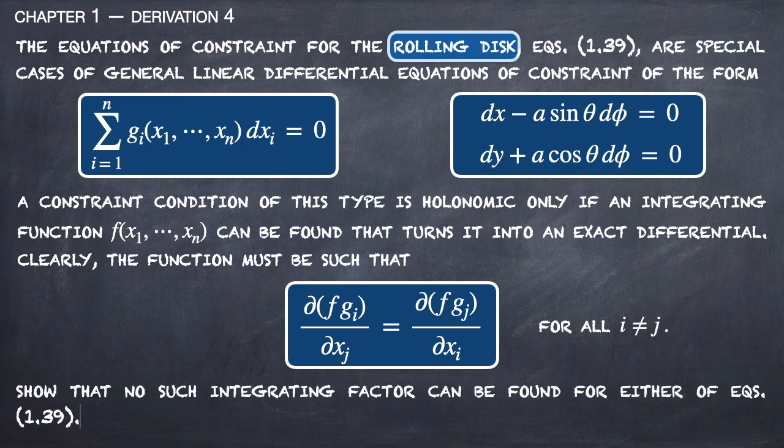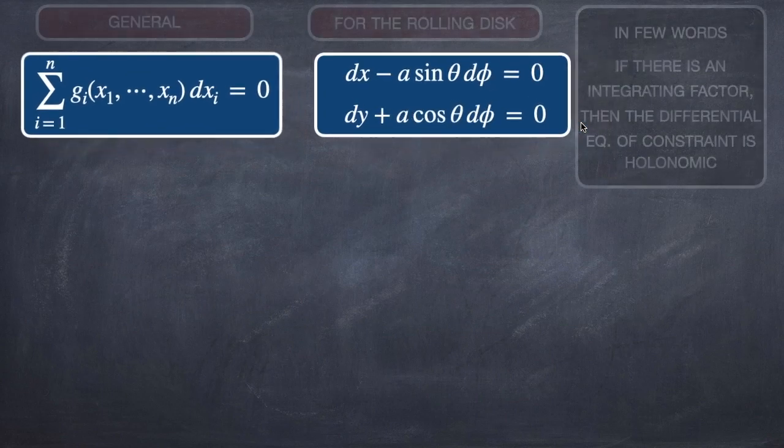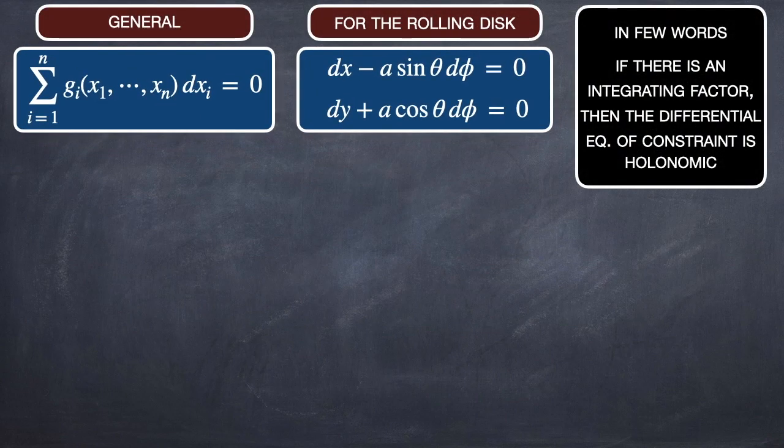Show that no such integrating factor can be found for either of equations 139. So we're going to explain the method and then use it to show that there is no such integrating factor for either of these equations. In few words, if there is an integrating factor, then the differential equation of constraint is holonomic.